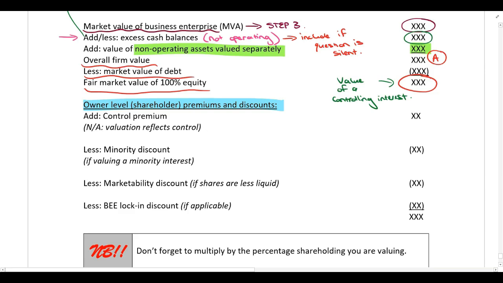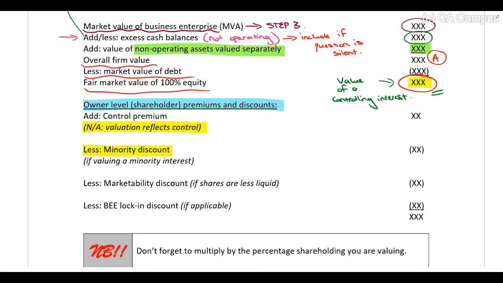So even if we are valuing a controlling interest, we will never add a control premium because this value already reflects control. So you can see that discussion over there. However, because this value reflects control, if we are valuing a minority interest, so for example, we are buying 20% of the shares in the company, we are then going to need to deduct a minority discount.